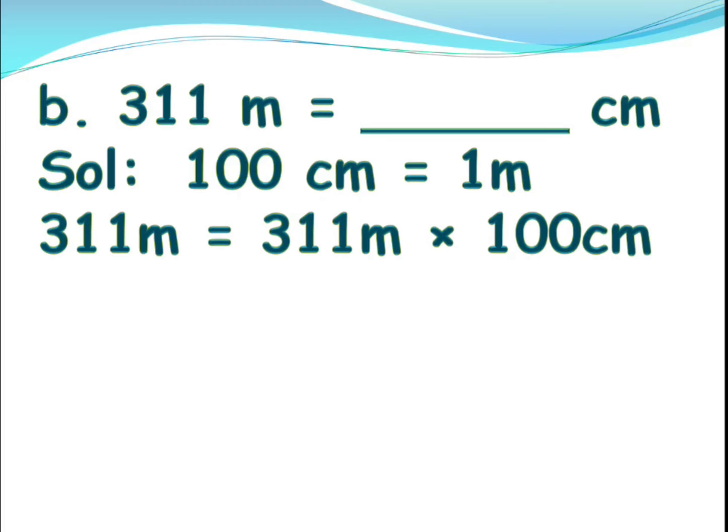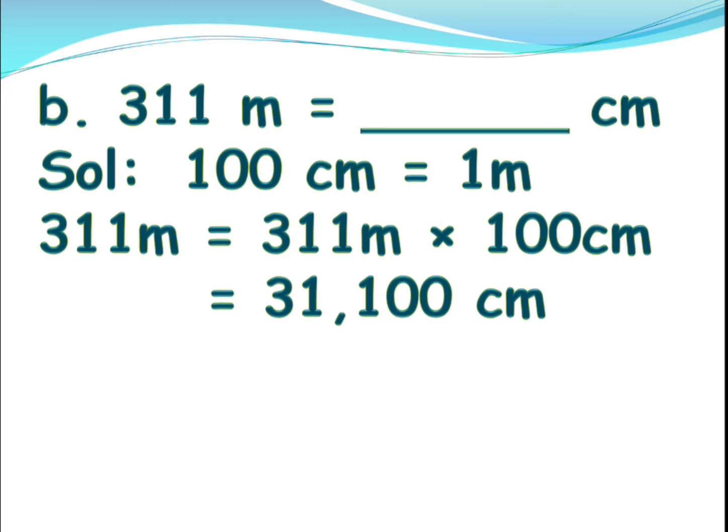So you can write 311 as it is, and then you can add lastly the two zeros. There are two zeros, 100, no, two zeros. So that becomes 31,100 centimeters.